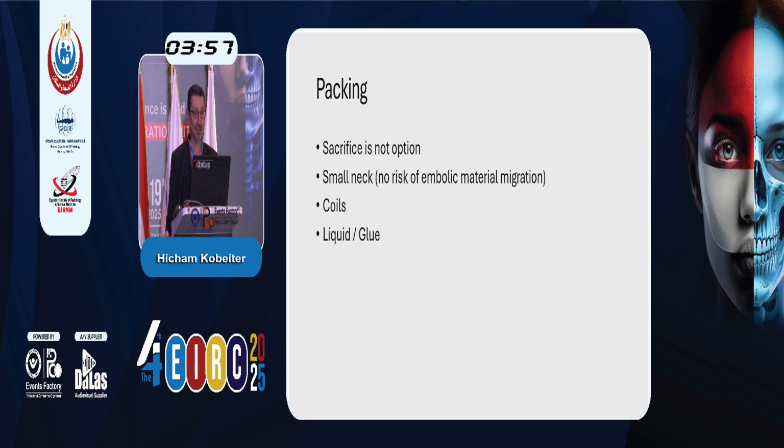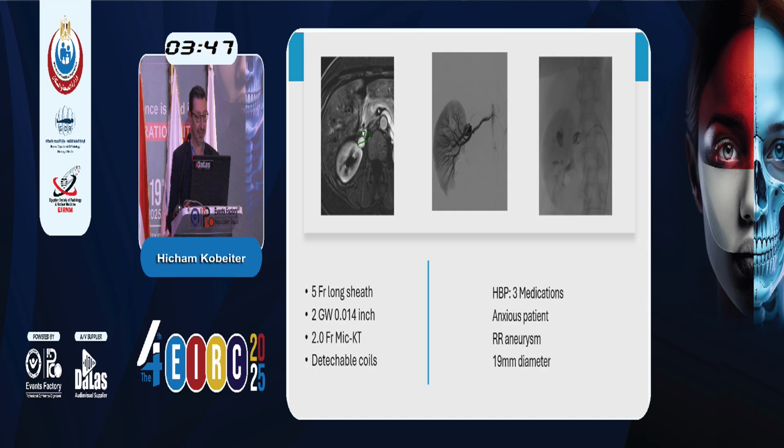When you cannot sacrifice the vessel, you could do packing, especially if you have a small neck. You could use different types of embolic material. Here we have a patient with hypertension and this aneurysm that was growing a little during follow-up, and we wanted to treat it selectively without sacrificing any vessel.